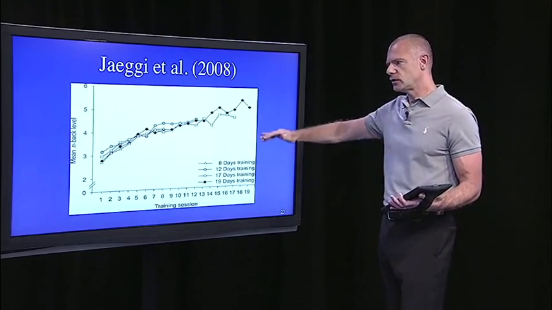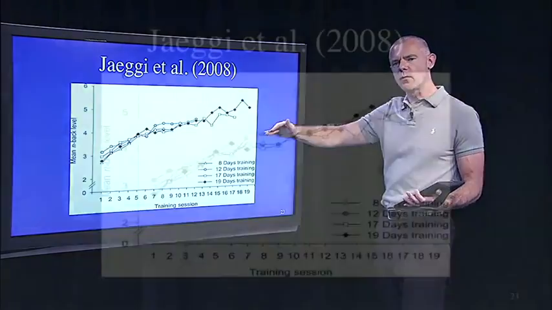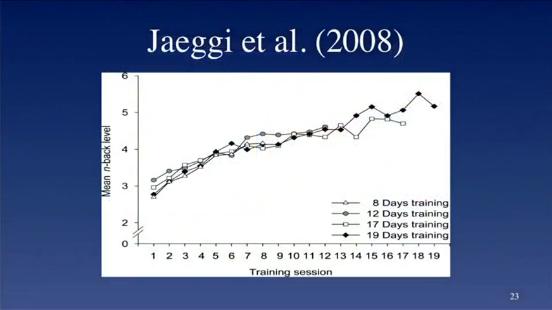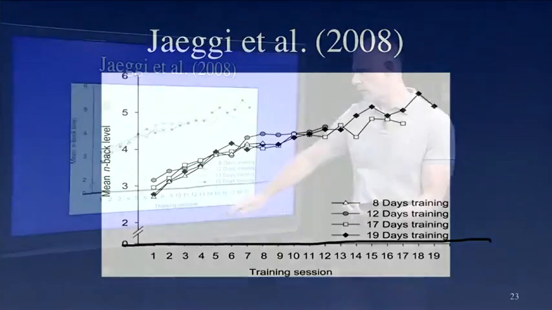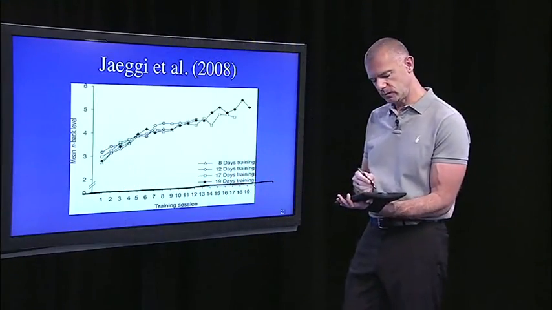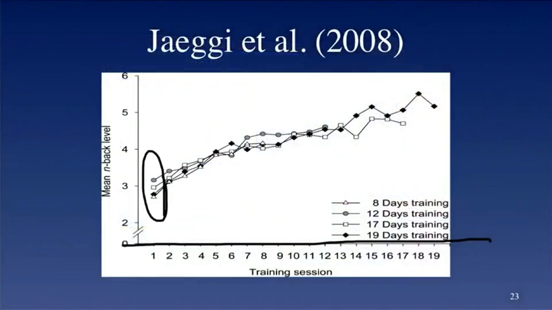First, this is just a graph showing people's performance in the n-back task over time. What I'm plotting on the x-axis is just the training sessions. After just one session, you see subjects are only around 3-back. That's pretty normal.